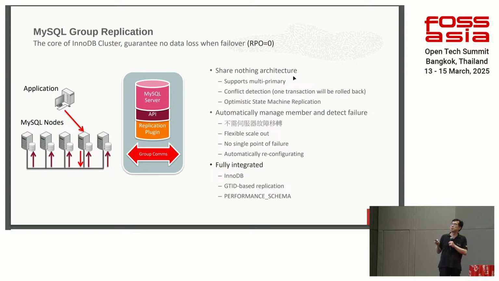This is the core of the whole InnoDB Cluster. It's group replication. With group replication, as I mentioned, there's a group communication module that comes with the database. It is already embedded after 8.0, so that means we don't need to configure the plugin.